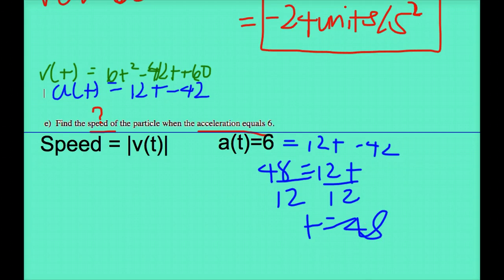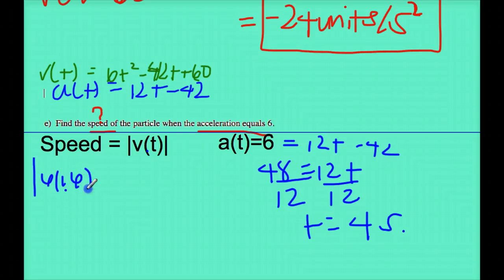So let me erase that. t is equal to 4 seconds. So what do you think I'm going to plug into my velocity equation? Good, a 4. So if I do that, I'm going to do the absolute value of 6 times 4 squared, which is 16, minus 42 times 4 plus 60, absolute value of that.